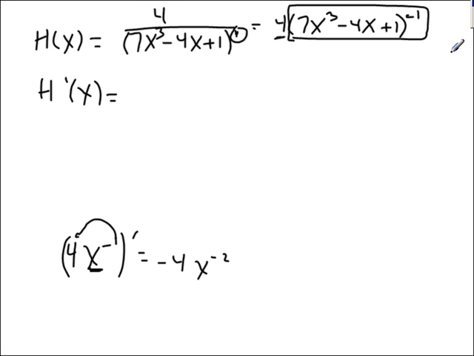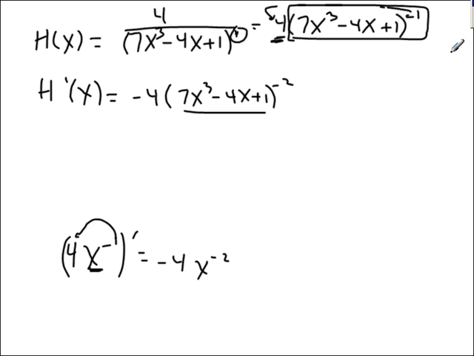You're going to play the same game. Multiply the negative 1 by the negative 4. That is, bring down the negative 1, keep the function the same, make the new power 1 less. And when I say bring down the negative 1, you multiply it by the constant in front.